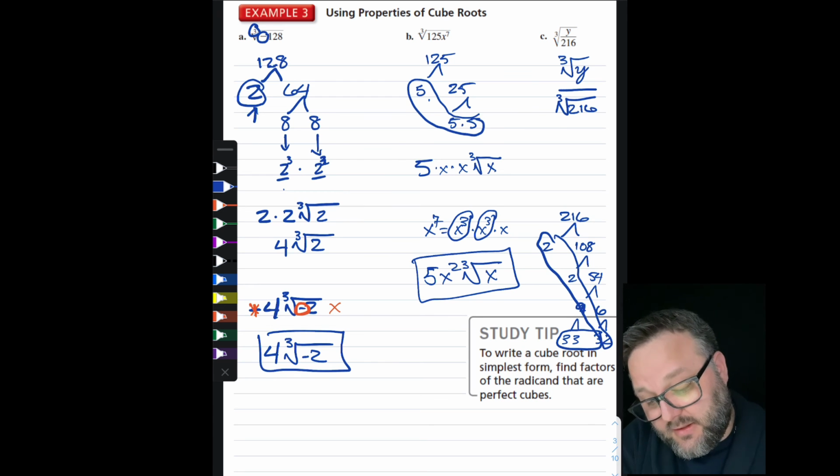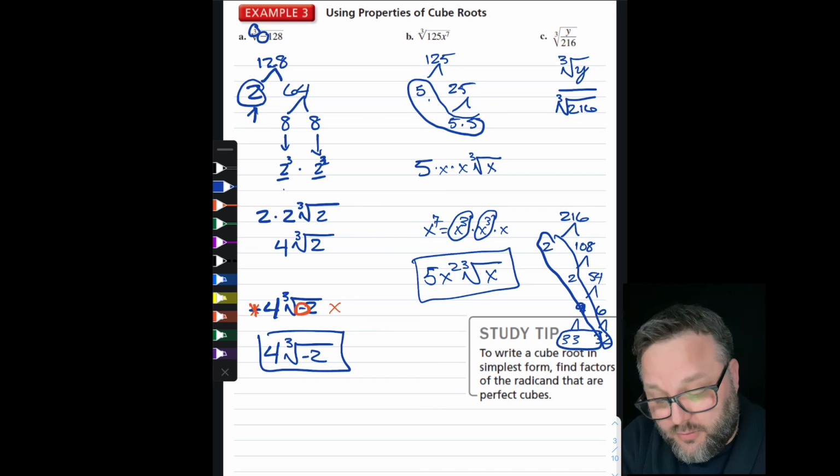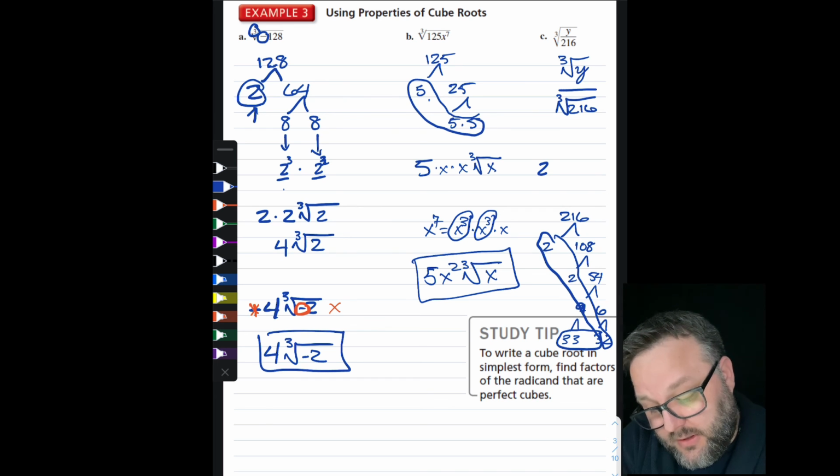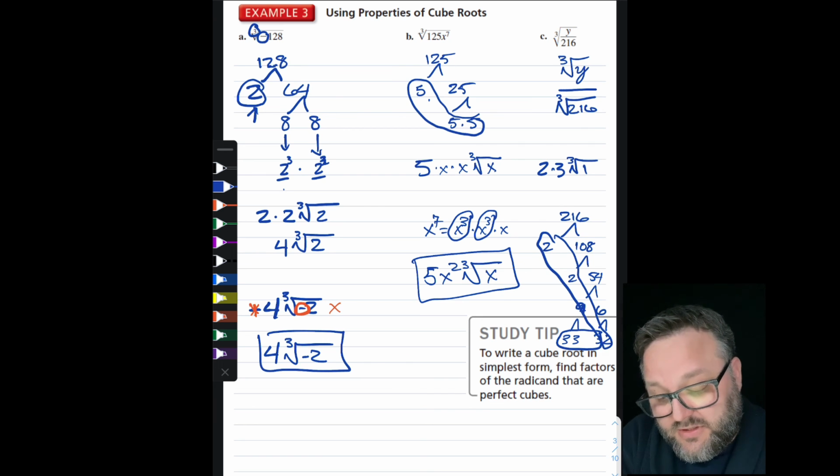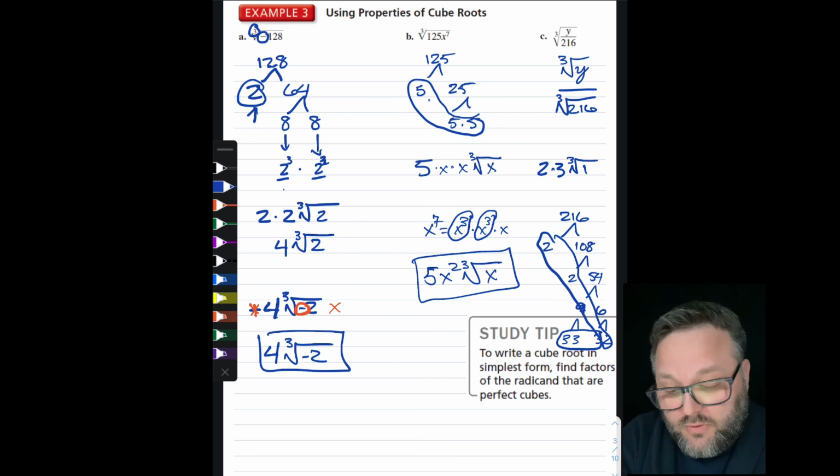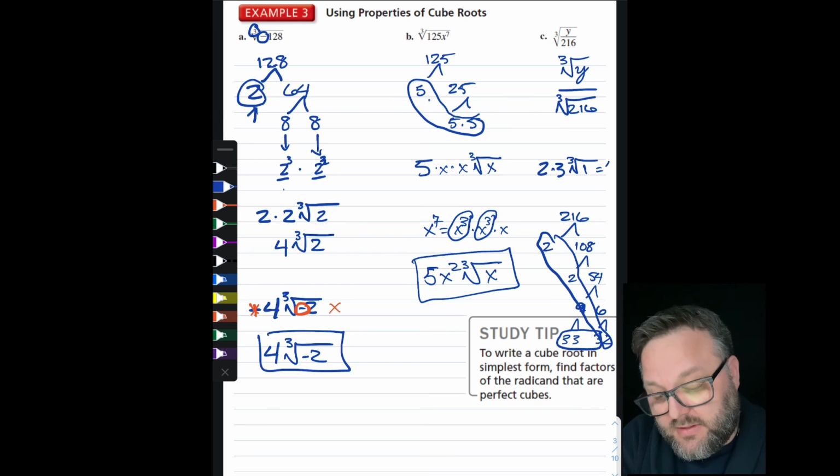So I'm going to take that 2, just because I'm putting it in numerical order, I'm going to put it outside. I'm going to take that group of 3s, put it on the outside, and then keep 1 on the inside to equal the cube root of 216, which is just 6 times 1, which is just 6.